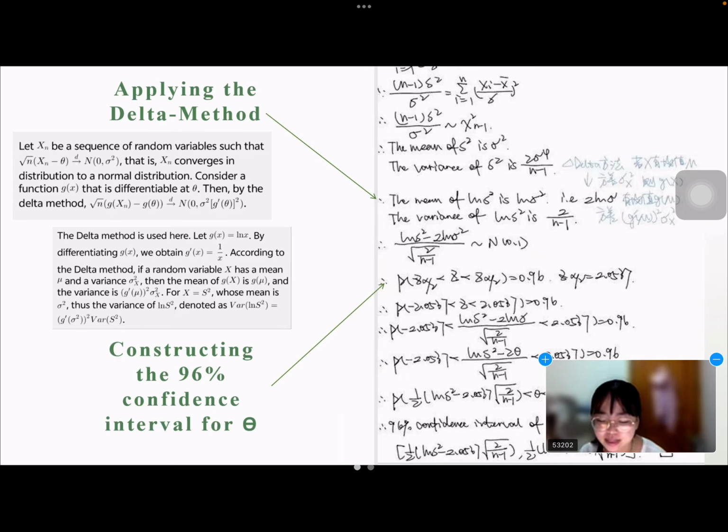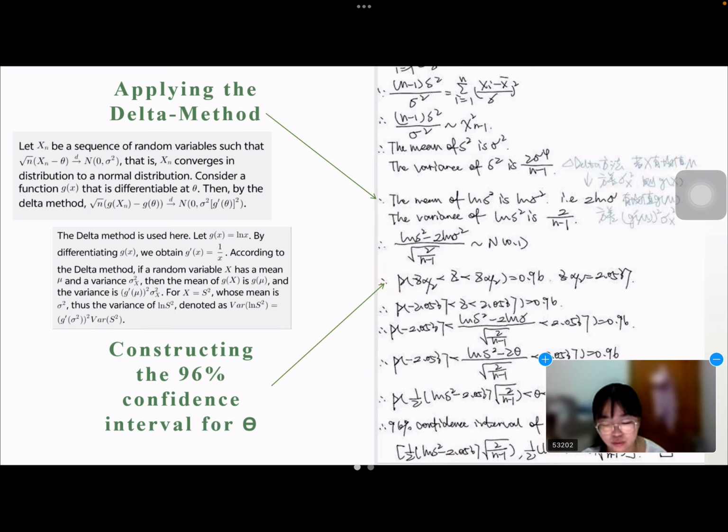Knowing the mean and variance of ln delta squared, we find that ln delta squared follows a normal distribution, and then we can transform this normal distribution to the standard normal distribution, and after selecting the confidence level and critical value, we can get the inequalities about ln delta, which is theta.